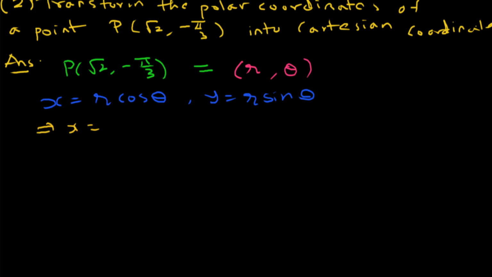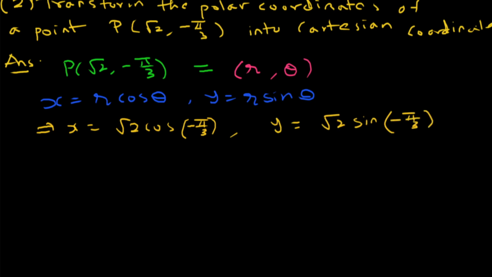So this gives us x is equal to root 2 into cos of minus pi by 3, and y is equal to root 2 into sine of minus pi by 3. Cos of minus theta is the same as cos theta, so cos minus pi by 3 is cos pi by 3, which is 1 by 2.